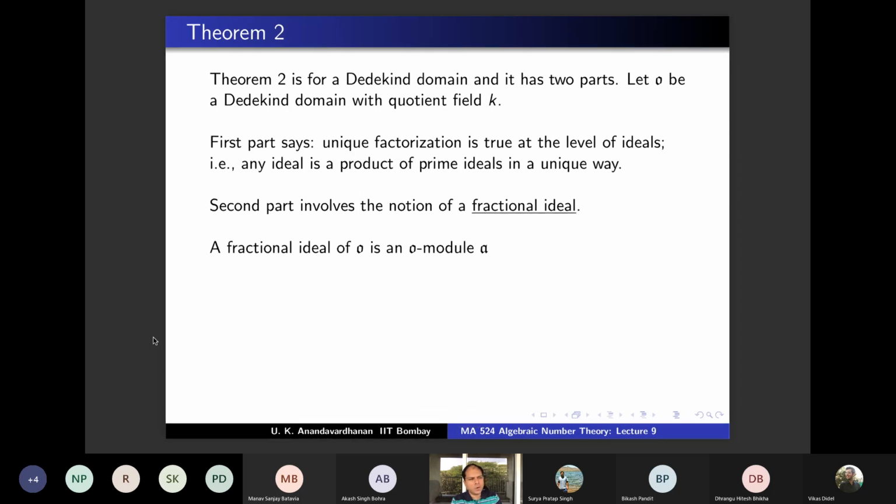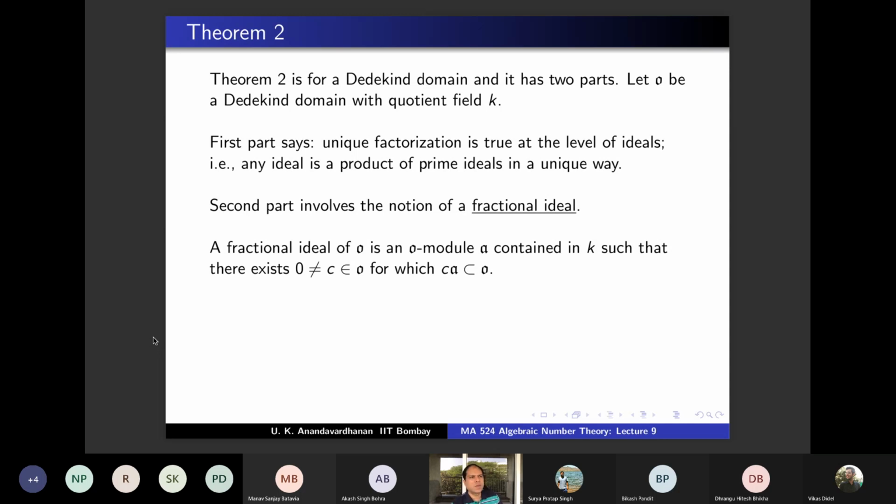A fractional ideal of O is an O-module, let's call it A, but it's contained in K. It's not some random O-module; it's an O-module contained in K with the property that there is a non-zero element C in O such that C times A is contained in O. So it is a module contained in the quotient field such that you can pick an element in your ring such that when you hit it with that, the result is contained in your ring. That's called a fractional ideal.